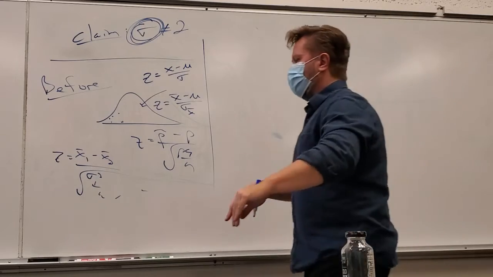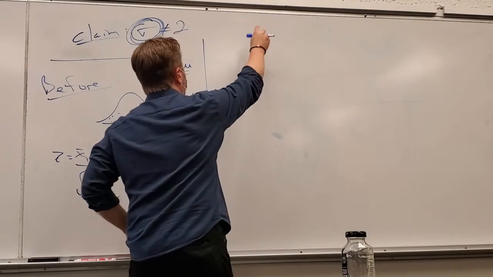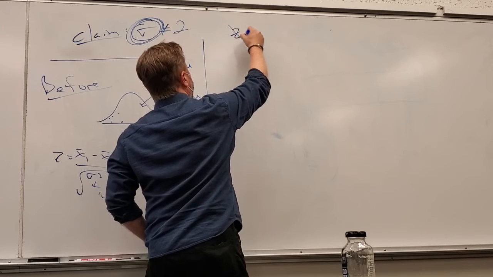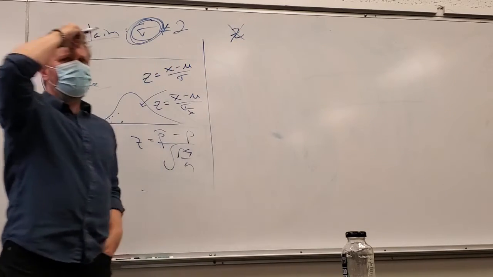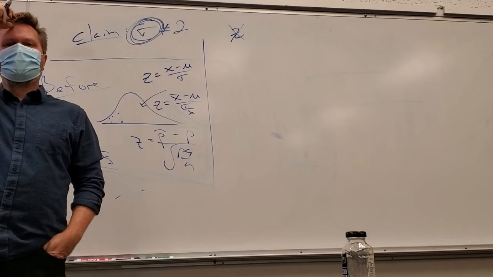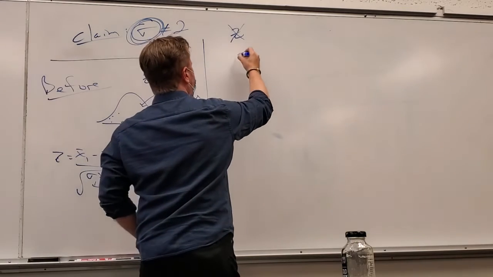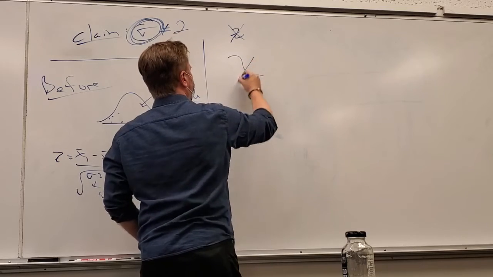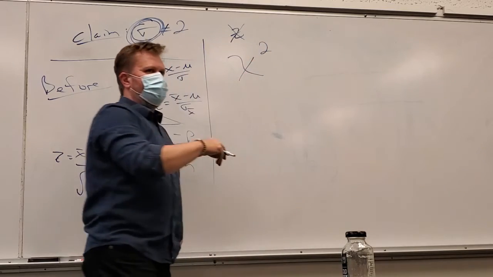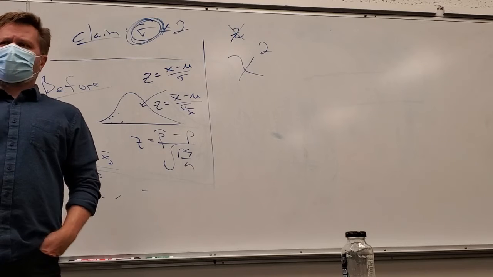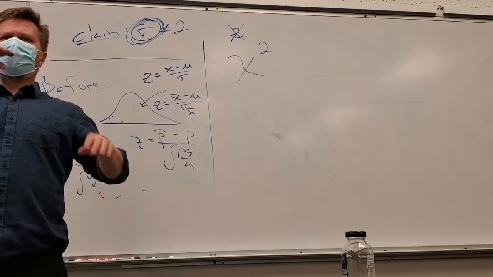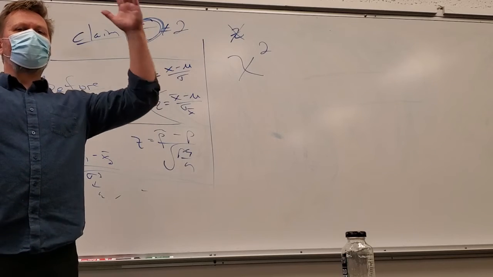Okay, so what does it have to do with anything, Jeff? Now I want to make something comparable to Z, but not Z. We're going to call it this. This is called chi-squared. It's not Dragon Ball Z chi, sorry, it's just chi-squared. It is one symbol.